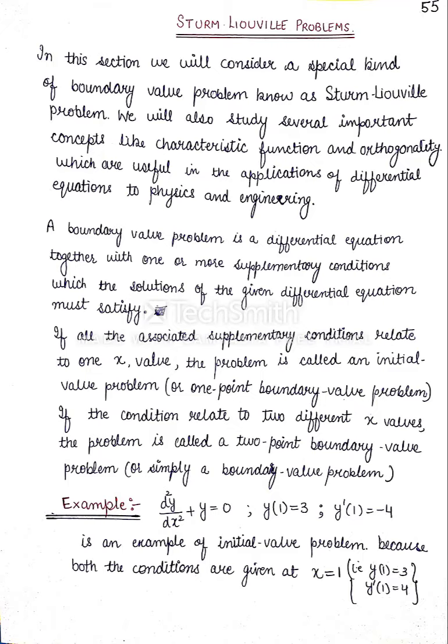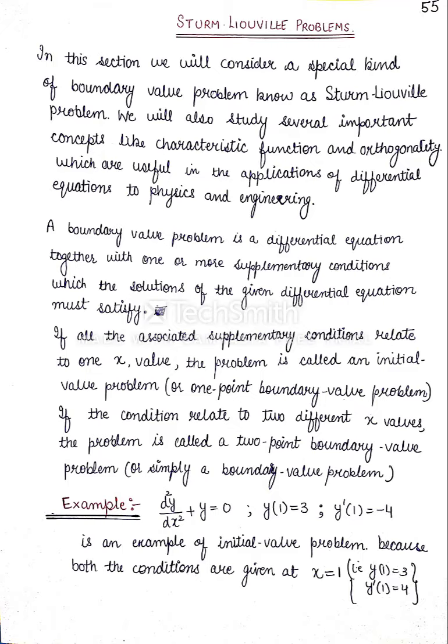A boundary value problem is a problem in which you have given one differential equation. Together with the differential equation, you are also given one or more conditions. And the differential equation together with the conditions to find the solution of this problem is called a boundary value problem.